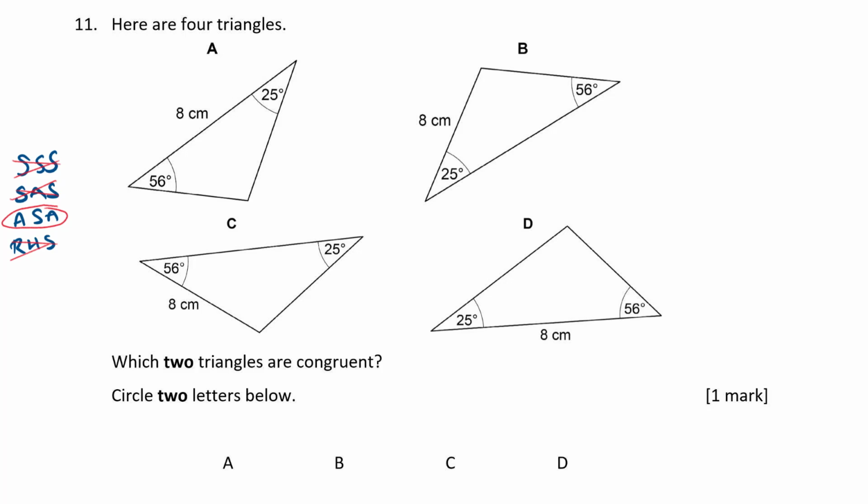The S needs to be between the 2 A's in order to state that they're congruent. So we can see up in triangle A, I've got an angle of 56 and 25, and I've got the side 8 between them. And I've got the same combination down here: 25, 56, and the 8 between them. So it's going to be A and D that go together.